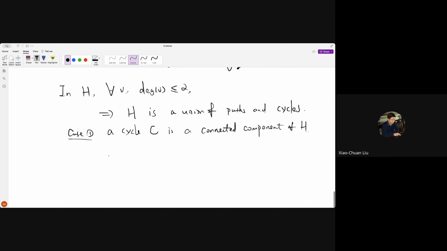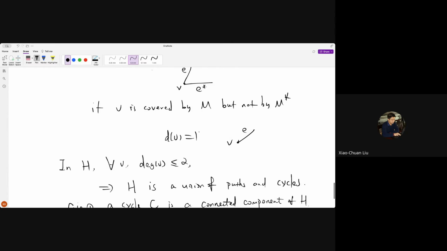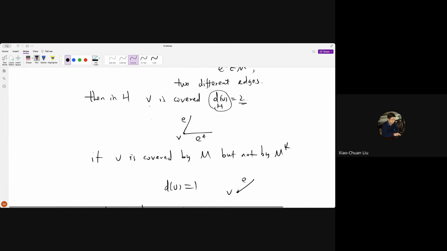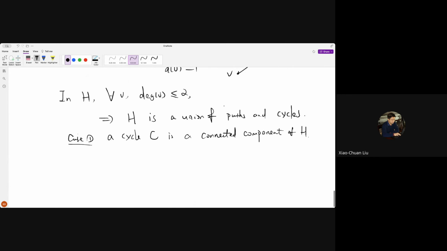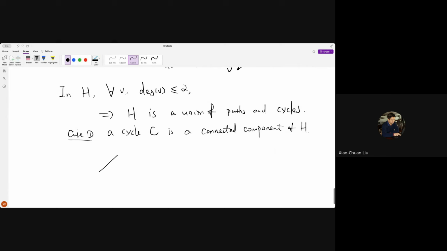Every vertex has degree 2. The only situation where you see degree 2 is this situation. You have two edges. One belongs to M and the other belongs to M star. So you conclude with an alternating path, sort of. This edge E1 belongs to M, and another edge E2 belongs to M star. So it's a cycle.